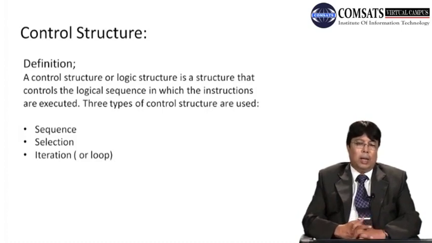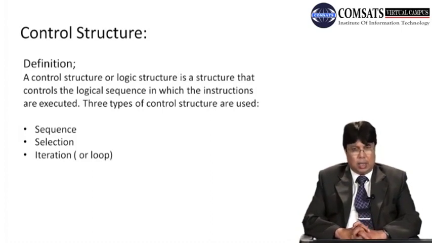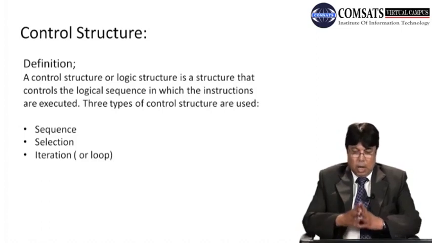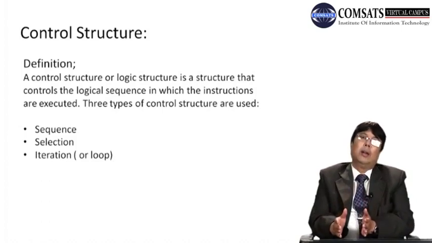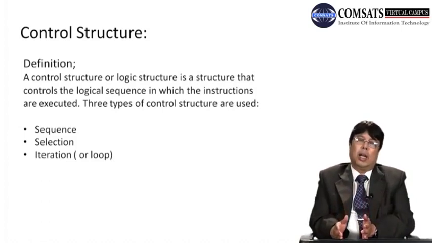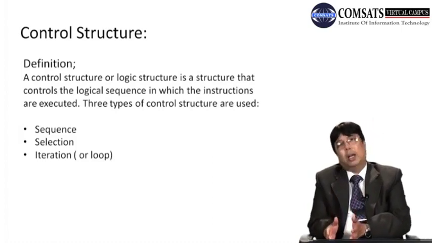So before I go to the second phase, I would like to define the control structure here. Just आपको एक brief सा introduction देने के लिए I would like to explain control structure. A control structure or logic structure is a structure that controls the logical sequence in which the instructions are executed. कौन सी set of instructions आपने execute करनी है, किस path के through आप जा रहे हैं अपने algorithm के अंदर, अपने program के अंदर.